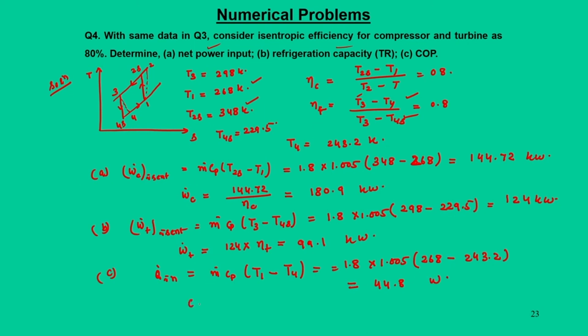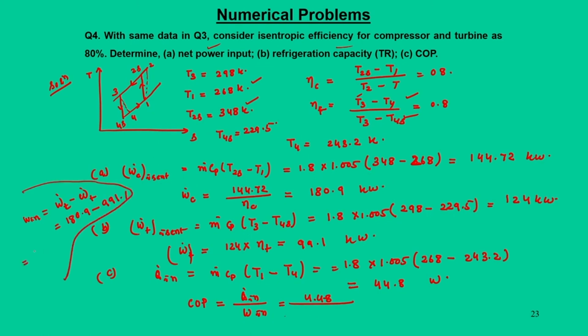Okay. So, COP now becomes Q dot in by W in, that is 44.8 divided by W dot in. W dot in is W dot C minus W dot T, 180.9 minus 99.1.